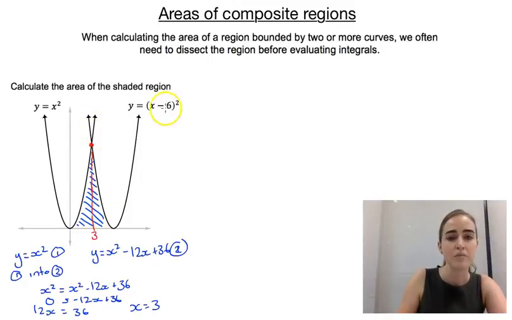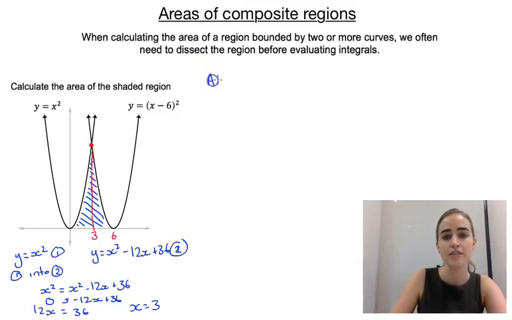Now this parabola here, because it's (x minus 6) squared, that means it's the same parabola but shifted 6 units to the right. Because this one had an x-intercept of 0, it's being shifted 6 units to the right, so we know that it's going to touch at 6. So that's going to give us our bounds for our two integrals.